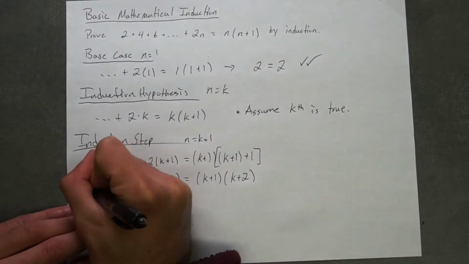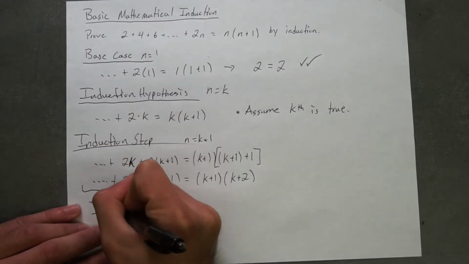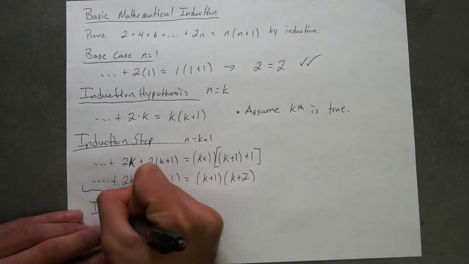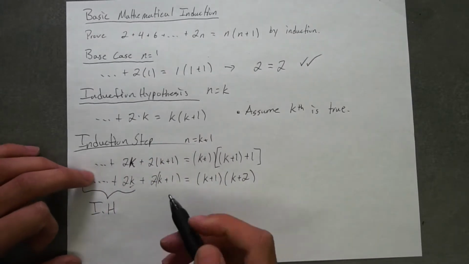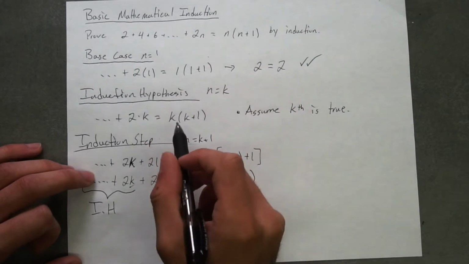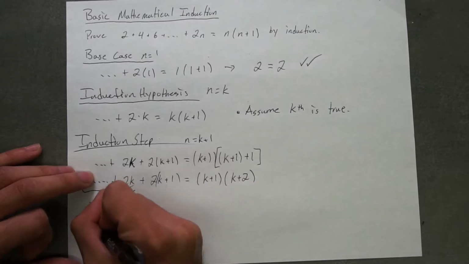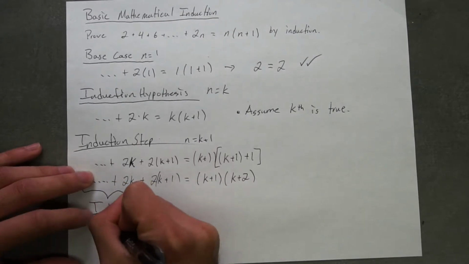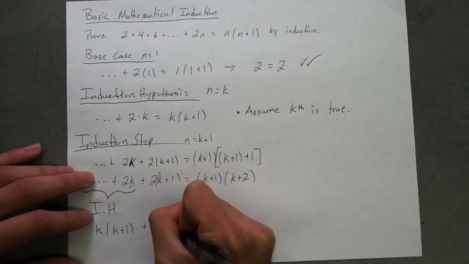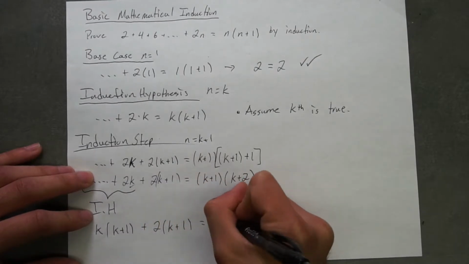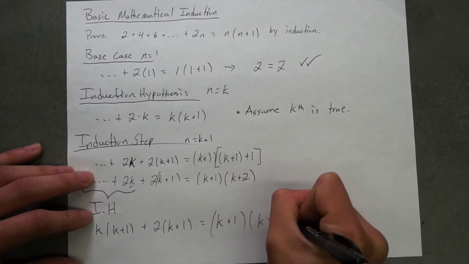So we substitute this in from the induction hypothesis, this 2k part, and that's equal to k times k plus 1. So k multiplied by k plus 1 plus 2 times k plus 1 is equal to k plus 1 times k plus 2.